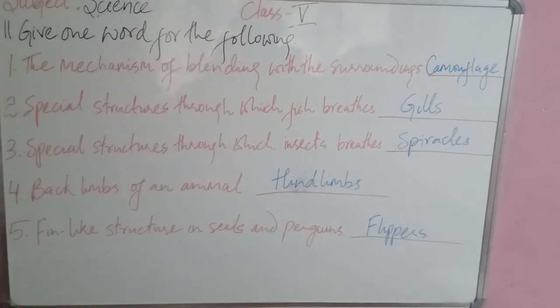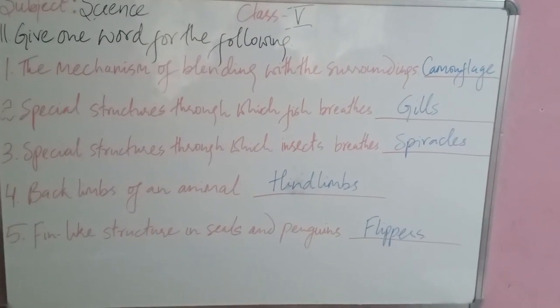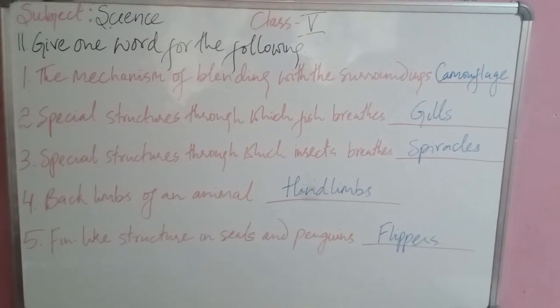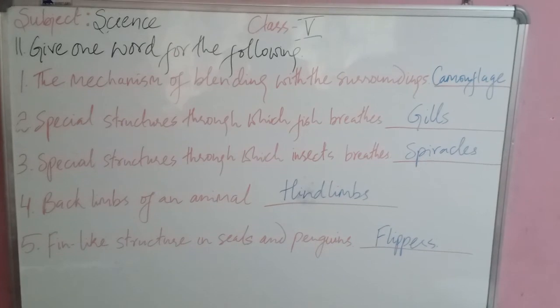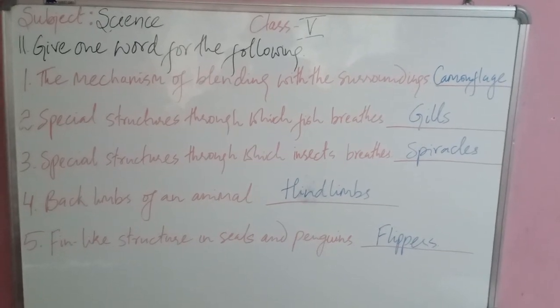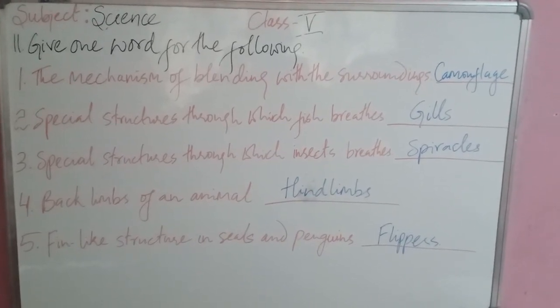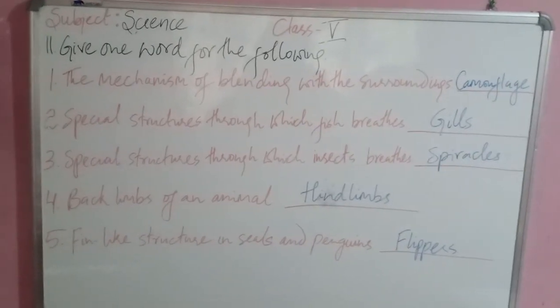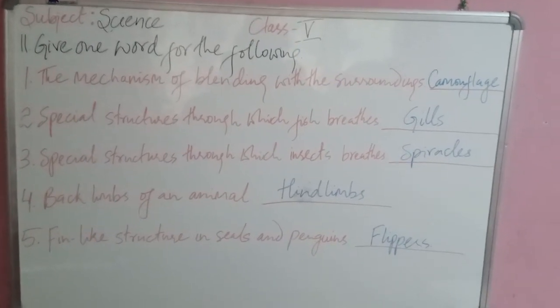And question 5, fin-like structures on seals and penguins, that will be your flippers. So that's all for now. We're going to do our remaining exercises and begin with the question and answer in the next class. Thank you.